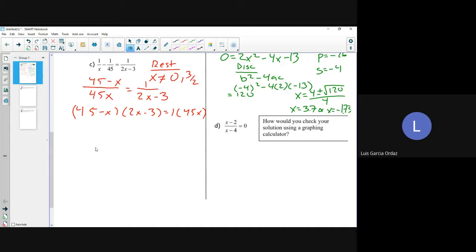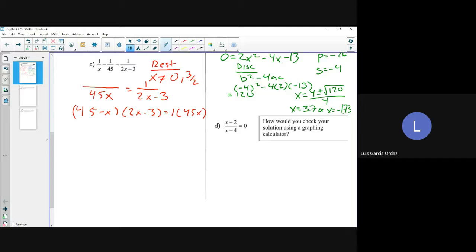Okay, so let me just break it down. Because our common denominator is 45 times x, the denominator in the first fraction already has x, right?